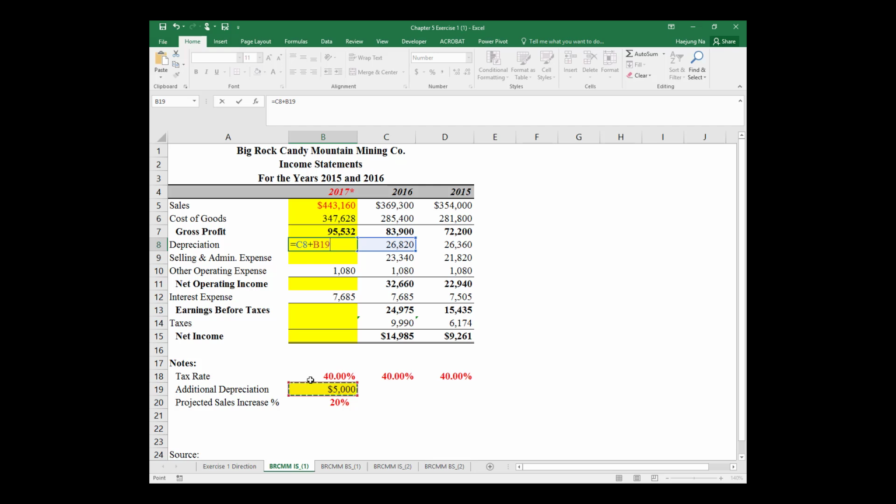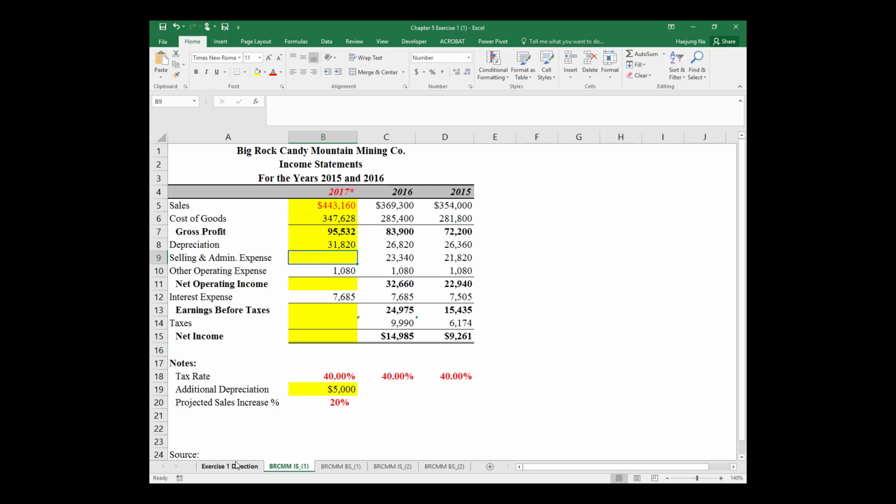The sum of it should be your depreciation, which is 31,820. Okay, so a lot of people make mistakes here by just writing down 5,000, but that's not what was assumed. What's normally happening is, your depreciation just continues, and whatever new equipment you bought, that will be added on top of what you normally would have. Right? So depreciation should be 31,820.